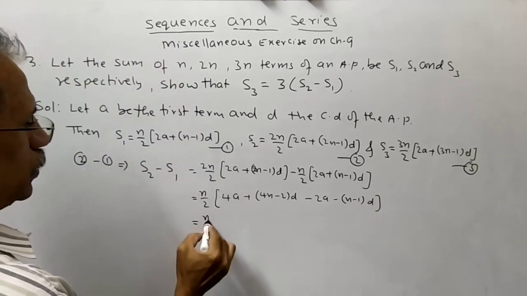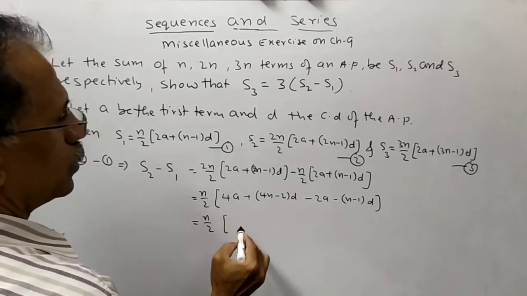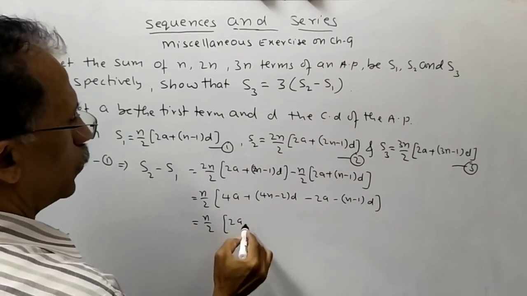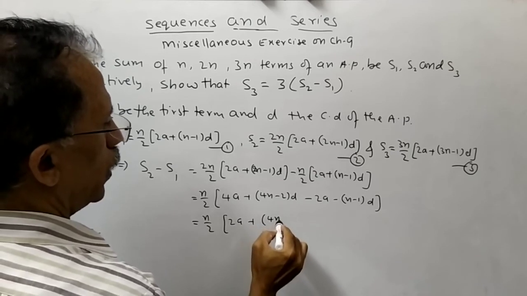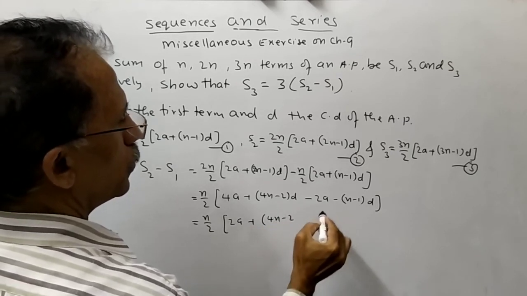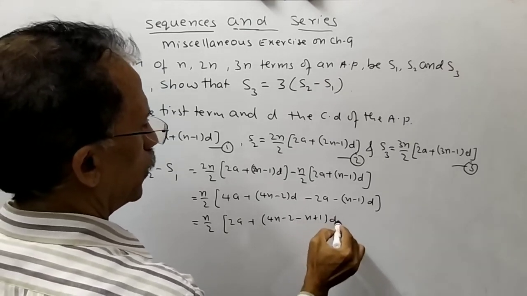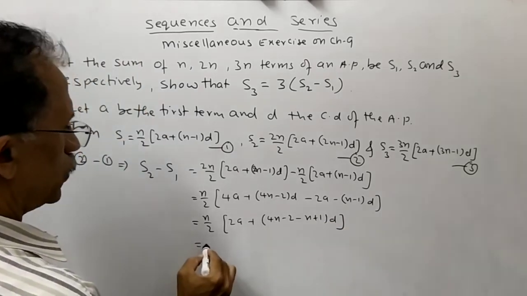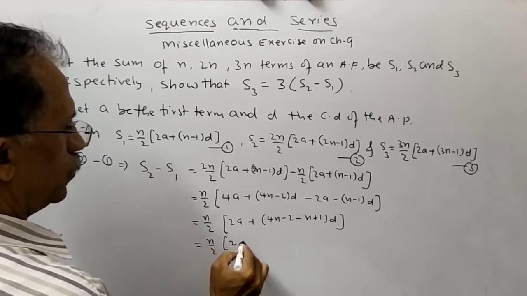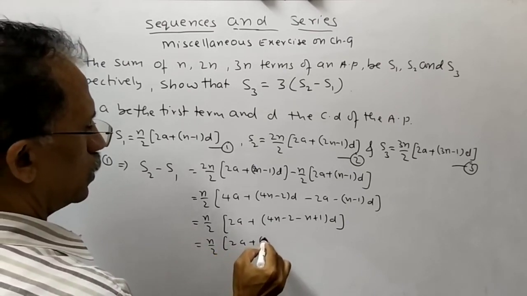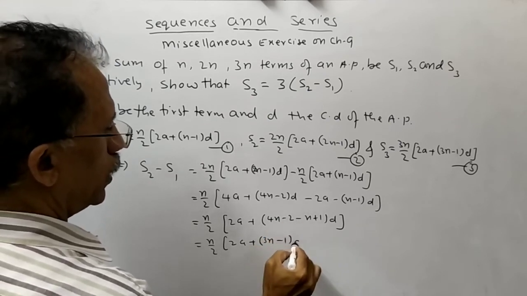This is equal to n by 2 into 4a minus 2a plus 4n minus 2 minus n plus 1 into d, which is equal to n by 2 into 2a plus 3n minus 1 into d.